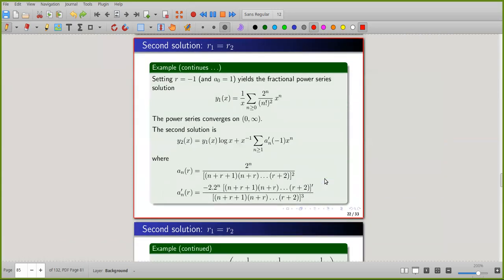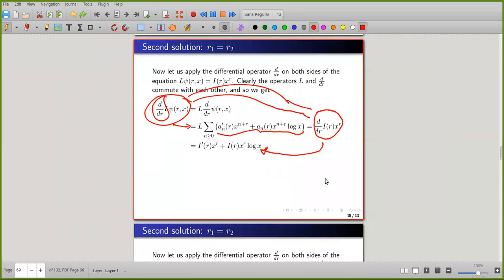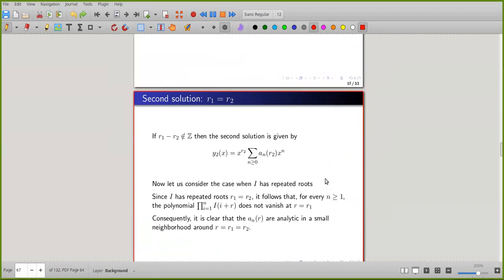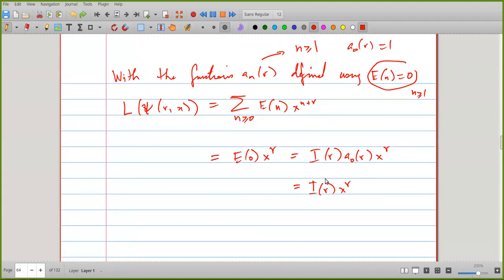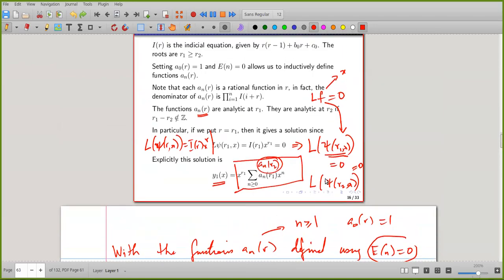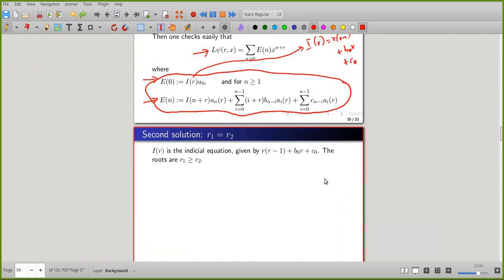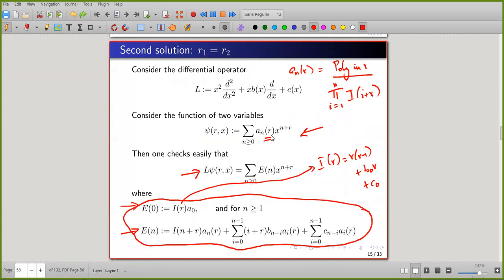So let me just go back once. Right? Let's look at this equation. To begin with, we did not make any choices for a_n(r).